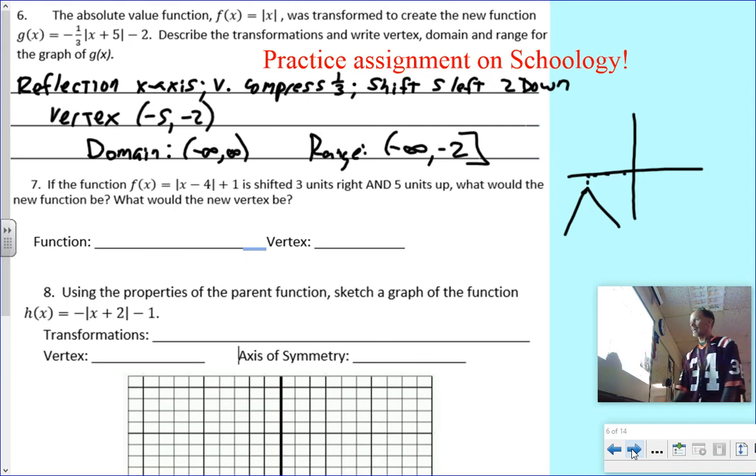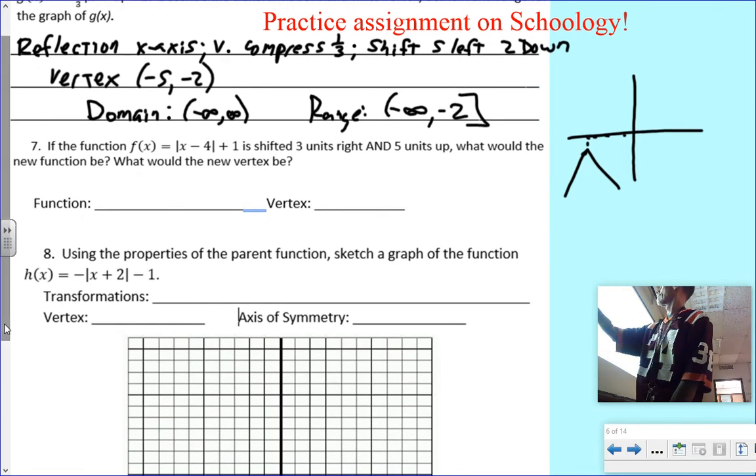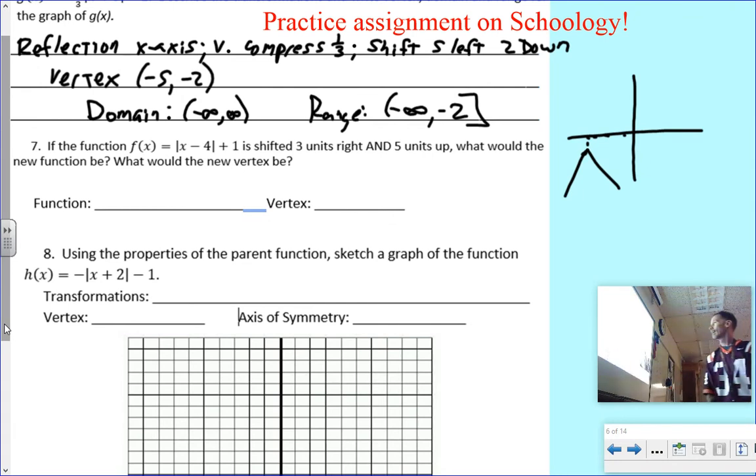Okay. Last couple questions, and these are more on the pre-AP side of things, but I think they're good questions. So if the function absolute value of x minus 4 plus 1 is shifted 3 right and 5 up, what would the new function be, and what would the new vertex be?